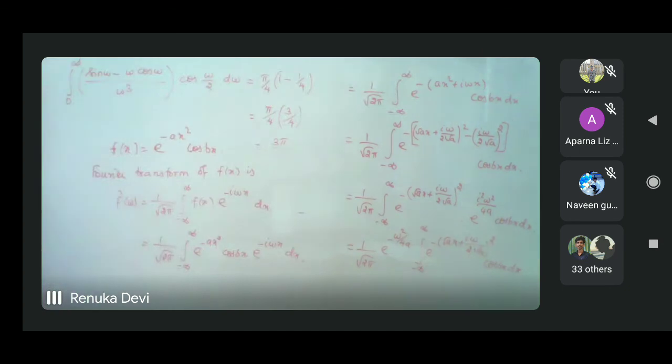Now you put one substitution for root a x plus i w by 2 root a as before. Then you apply integration by parts, that's all. Continue and finish.